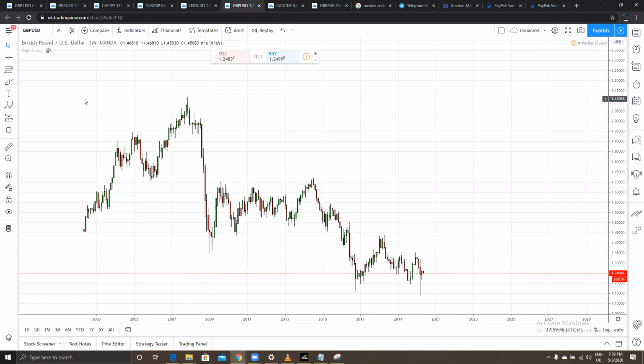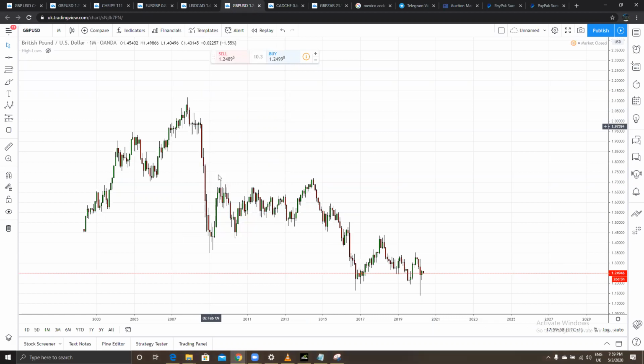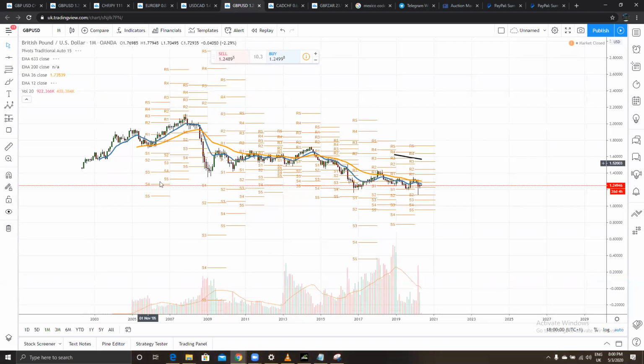But for this particular strategy, the EMAs that I employ, I'm going to load them up here, and I'm just going to tell you what I see or how I see whatever I see using them.